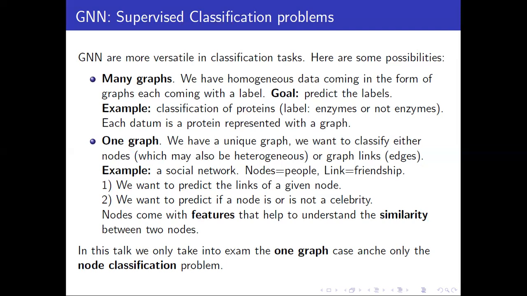So the algorithm has never seen you as a node, doesn't know your features, but because of your connections, it knows the features of your cousin, knows the features of somebody close to you in age, and can predict your features.